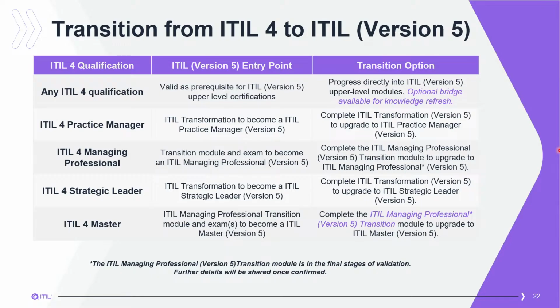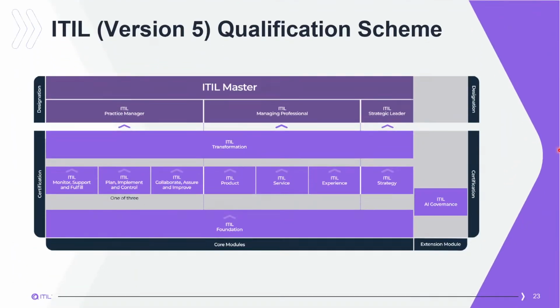For ITIL 4 Practice Manager, if you would like to be that, complete the ITIL Transformation and you can upgrade. This is also important for the Managing Professional level and the Strategic level. So this is a complete ITIL Transformation to upgrade. Oh, sorry, I'm trying to find it, yes. So this is the only way. IT Transformation is enough, and you will get these designations for ITIL version 5.